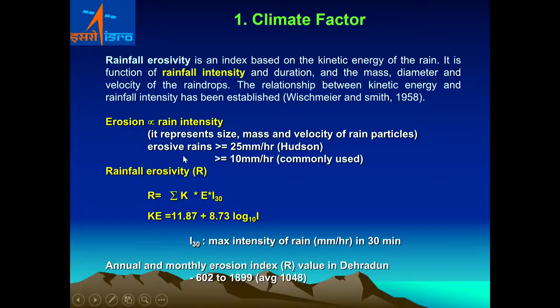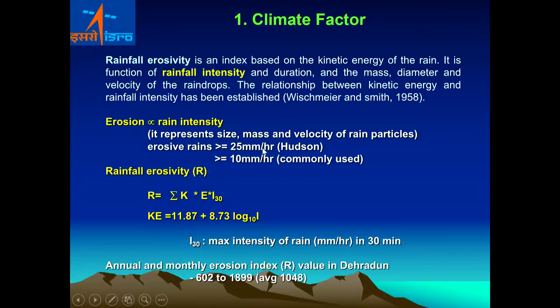Erosive rains have been classified: in India we consider that if rain is less than or equal to 10 millimeter per hour, then it is not erosive. So when rains are more than 10 mm per hour, in 1 hour more than 10 mm of rain taking place, then only we call it erosive rain. Some countries consider this limit as 25 millimeter per hour.